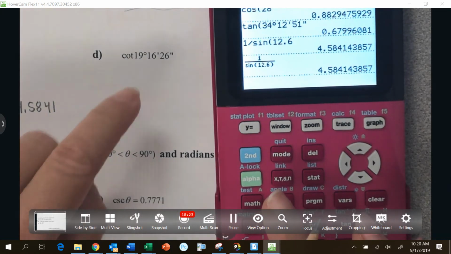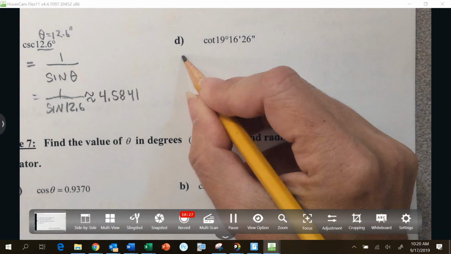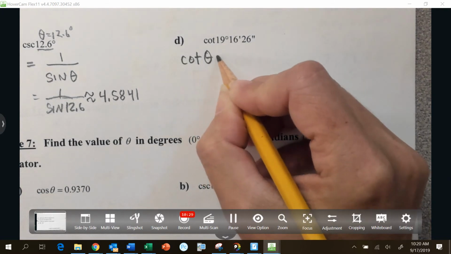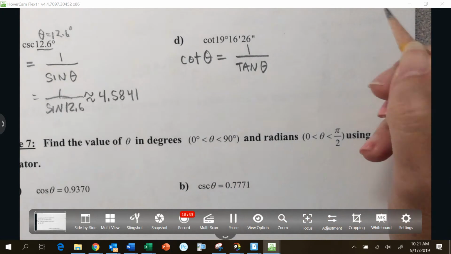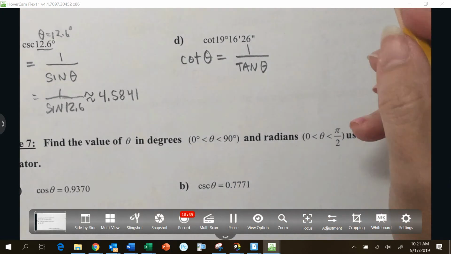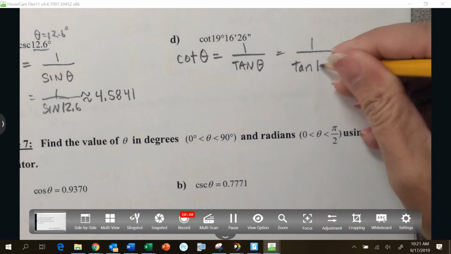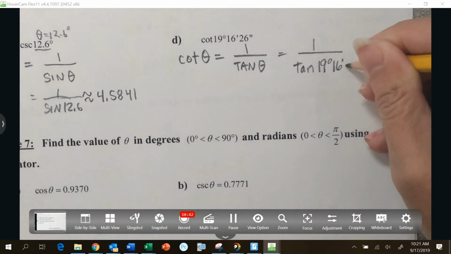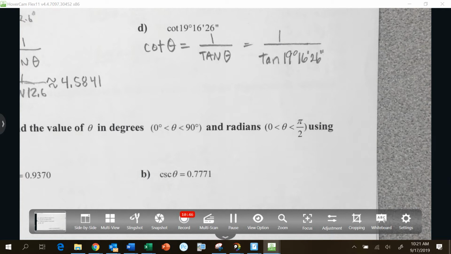How do we type in cotangent? We don't. Cotangent theta is equal to 1 over tangent theta. So we're going to do 1 over tangent to put in 19 degrees, 16 minutes, 26 seconds where theta would go, which is always attached to the word tangent. The theta has to go with the tangent.